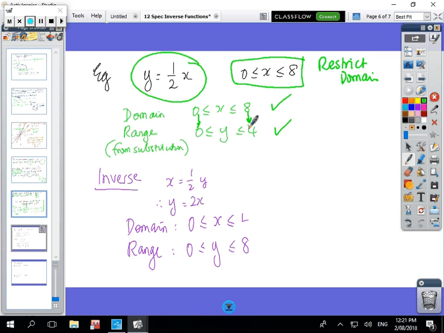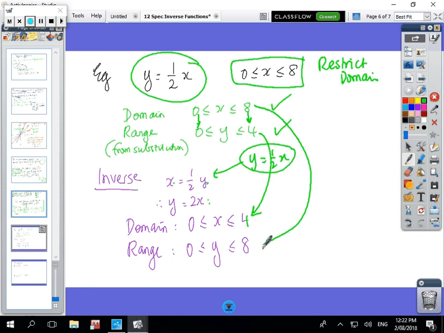So to find the inverse, y equals a half x is the original, and then you switch the letters x and y over, then make y the subject. So the inverse is y equals 2x, and the range of the first becomes the domain of the second, and the domain of the first becomes the range of the second. So copy that and come across.